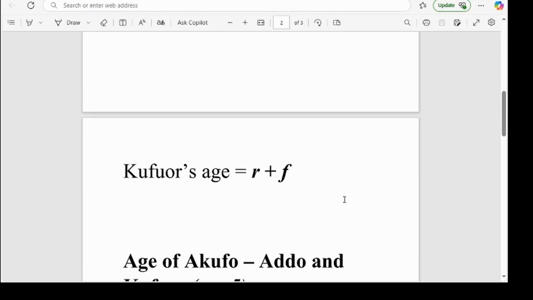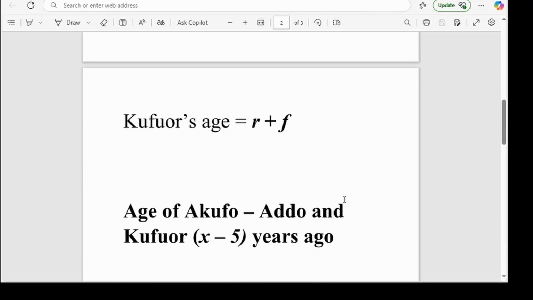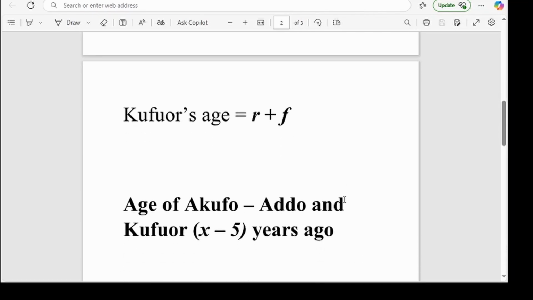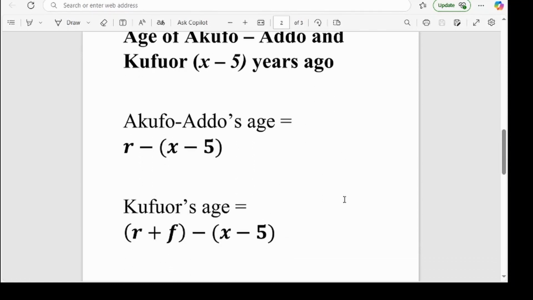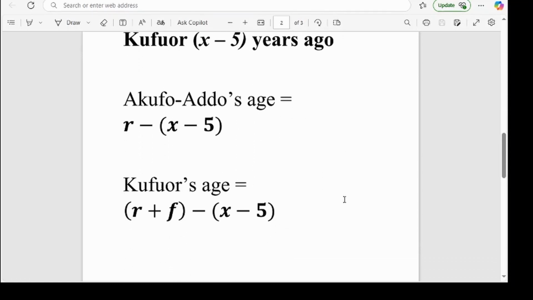Kufuor's age would be represented as R plus F because Kufuor is older than Akufo-Addo. So the age of Akufo-Addo and Kufuor S minus 5 years ago would also be represented as follows. Let's first look at Akufo-Addo's age.